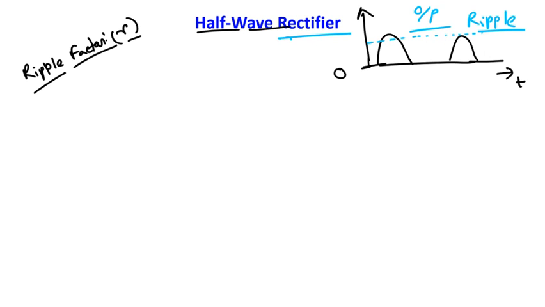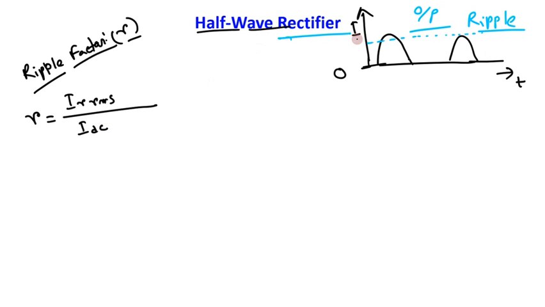Now how to find this ripple factor? So ripple factor r can be expressed by I_r RMS by I_DC. So that means we are considering for this signal the current part.